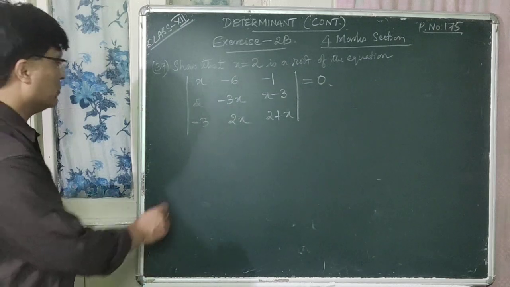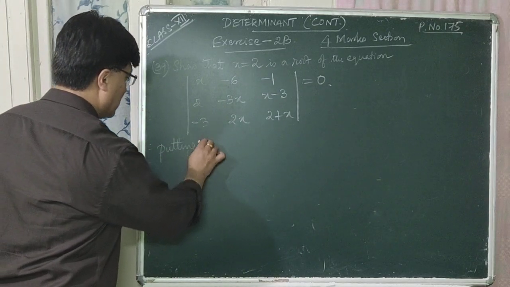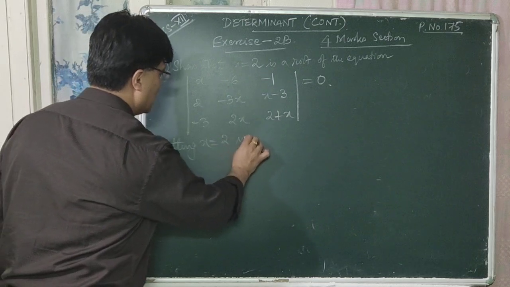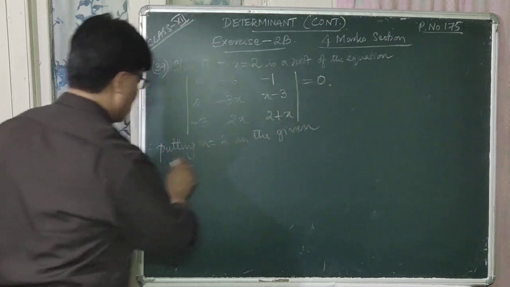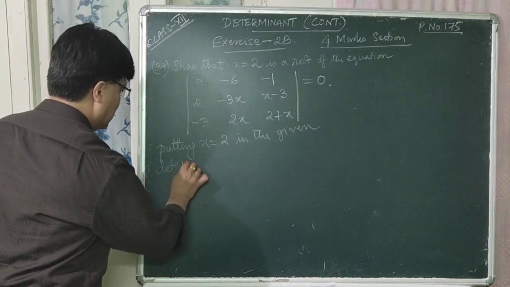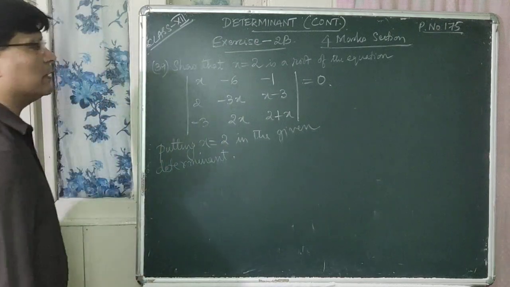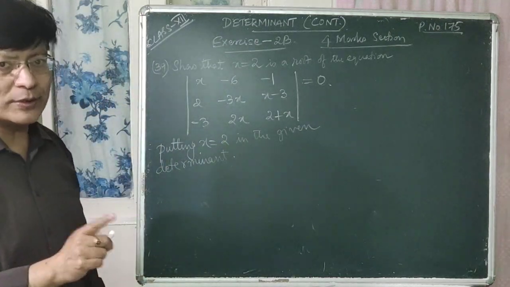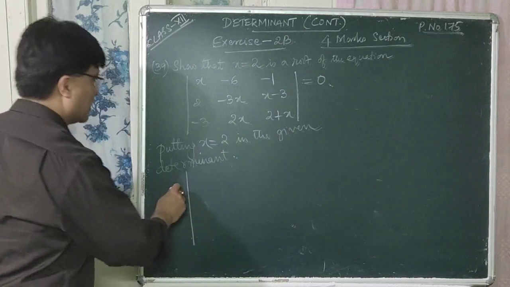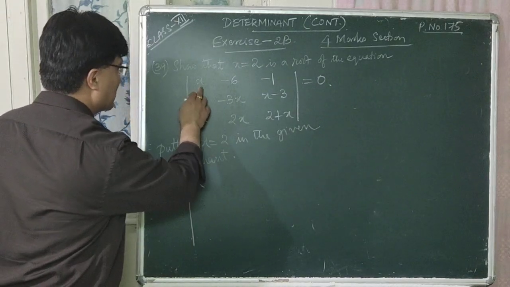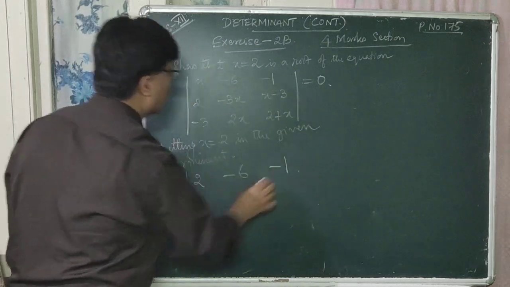Right? So write down. Putting x is equal to 2 in the given determinant. In the given determinant you have to put 2 instead of x. So this determinant now becomes: instead of x you write 2, then minus 6, minus 1.